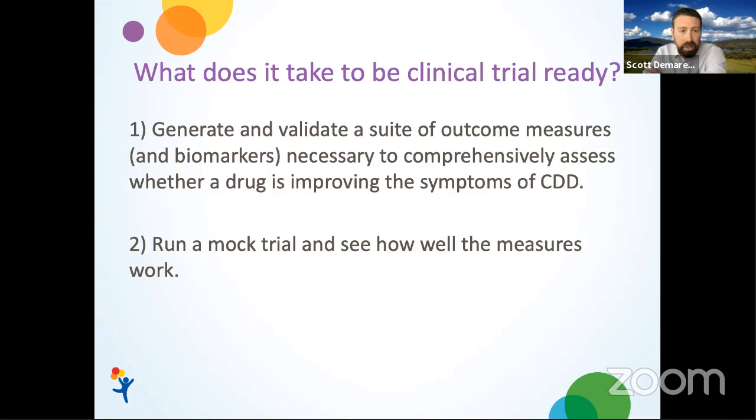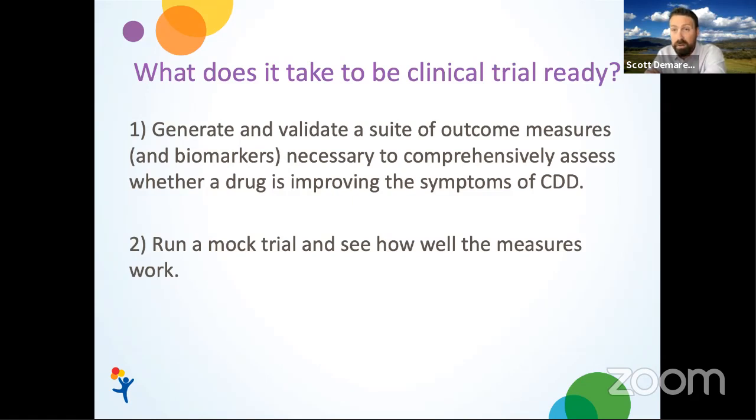So in order to be clinically trial ready, we need to generate and validate a suite of outcome measures and biomarkers necessary to comprehensively assess whether a drug is working. In other words, if we're only looking at one symptom, what if that's the symptom that doesn't get better? We need to look at a whole slew of symptoms.